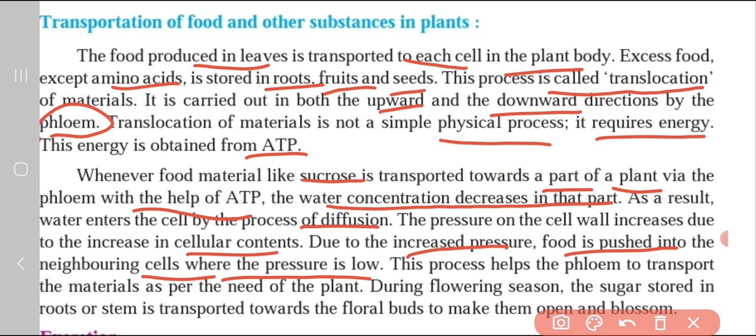This process helps the phloem to transport material as per the need of the plant. During flowering season, the sugar stored in roots or stem is transported towards the floral buds to make them open and blossom. So due to pressure increase in different cells, they push this food material from one cell to another, and this is how food materials are transported in different parts of the plant.